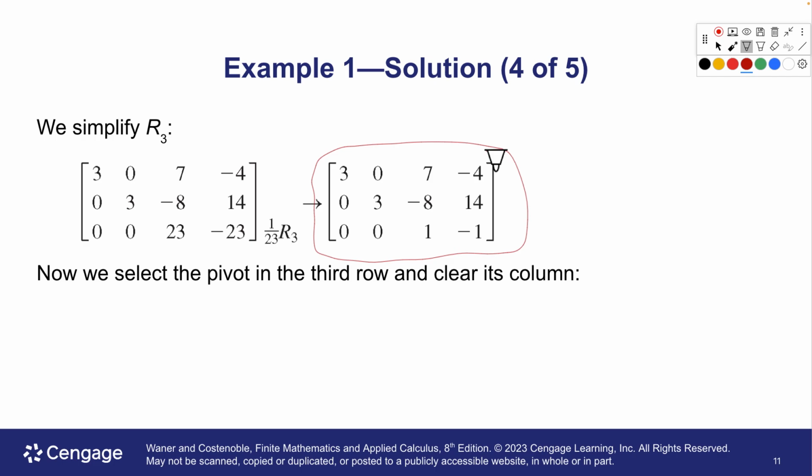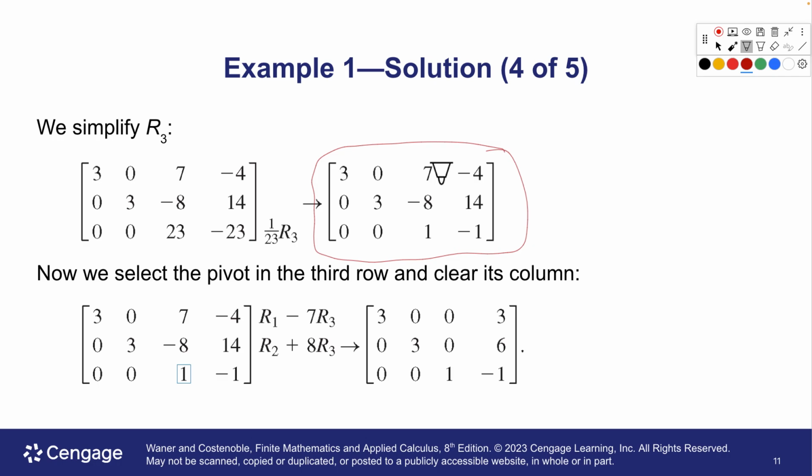So we select the pivot in the third row and clear its column. So we want this row, and what we're going to do, you see here, we just need to multiply this by positive 8, add it to here, we'll get a 0. Multiply it by negative 7, add it here, we'll get that.